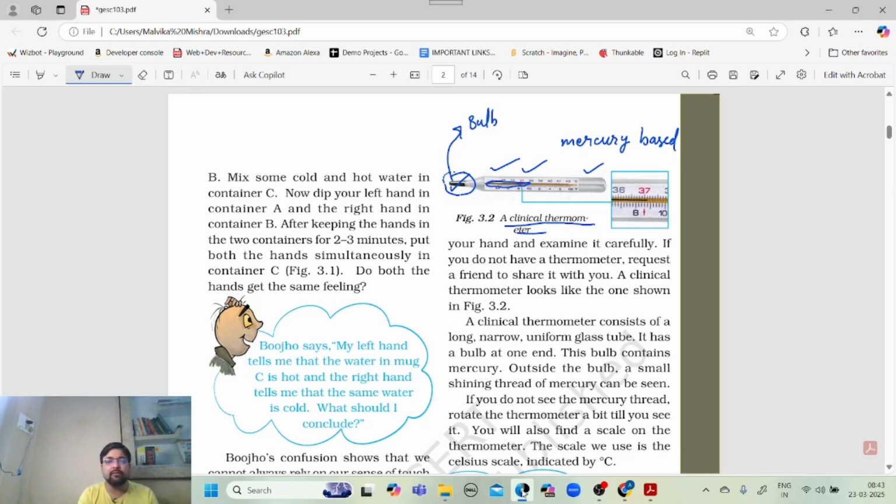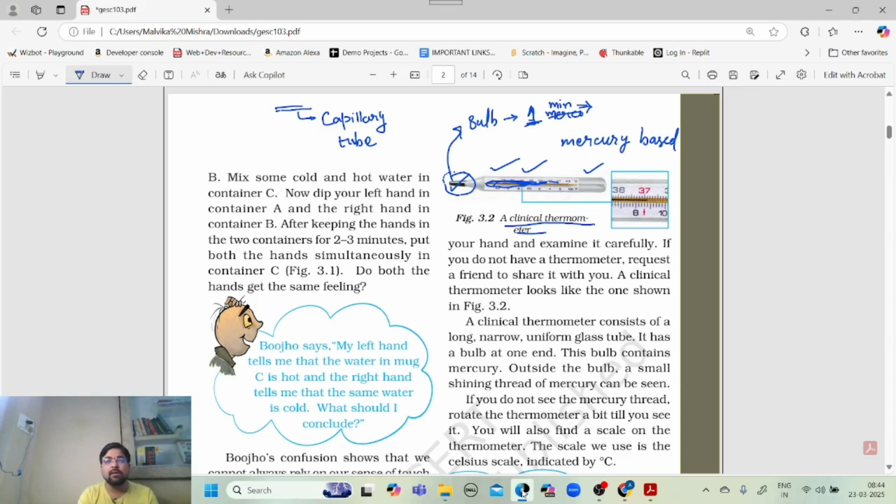So the mercury level expands according to the temperature, and this expansion of the mercury level happens inside this capillary, this very thin glass tube, which is known as the capillary tube. So this capillary tube contains what? It contains mercury, and as it gets hotter, it expands.